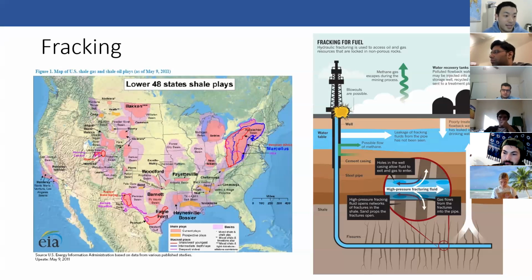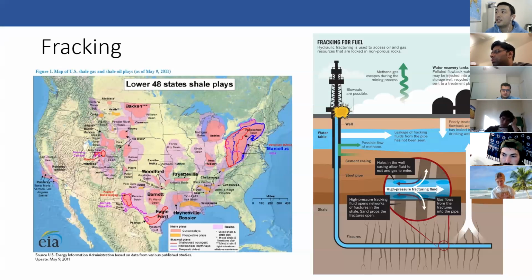The US has, in terms of the shale resources, a very large reserve of shale resources, which led to an explosion in fracking in the last like 15 years.